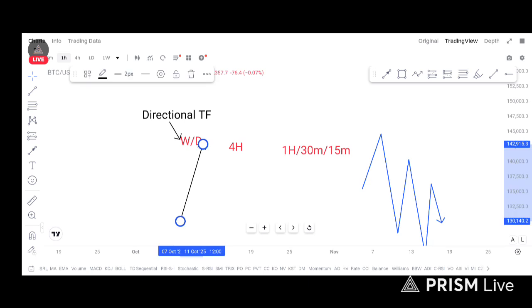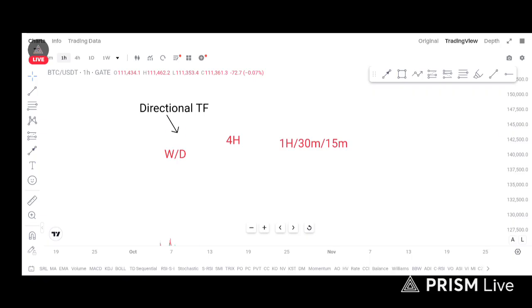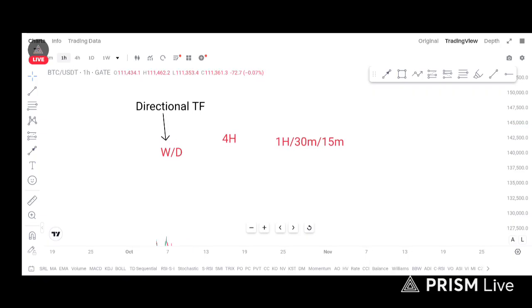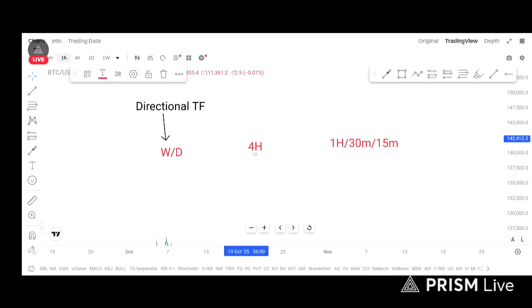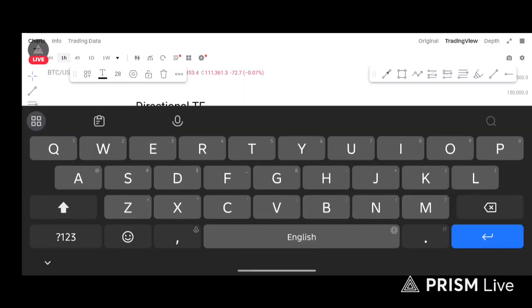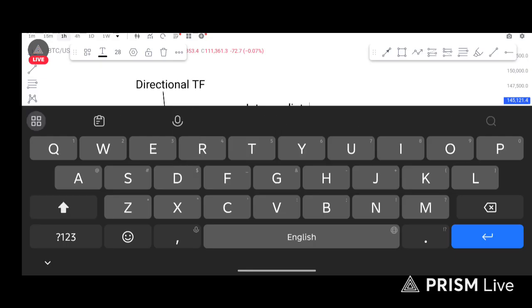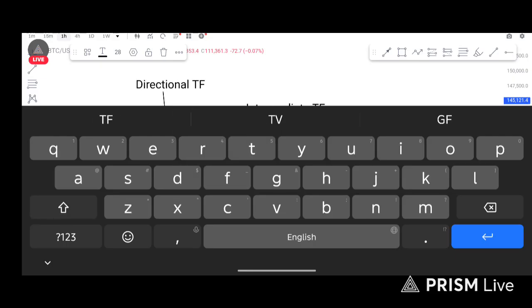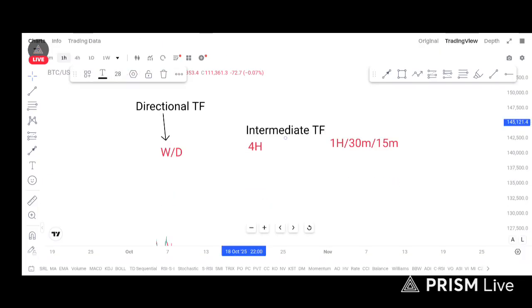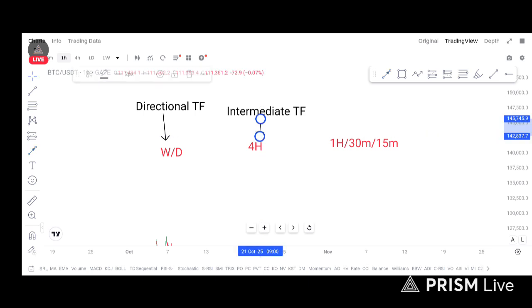Let's remove this guy and this guy and this guy. Okay, these guys are directional time frame. Now this one here is our intermediate time frame. Intermediate time frame. So this guy to this guy.